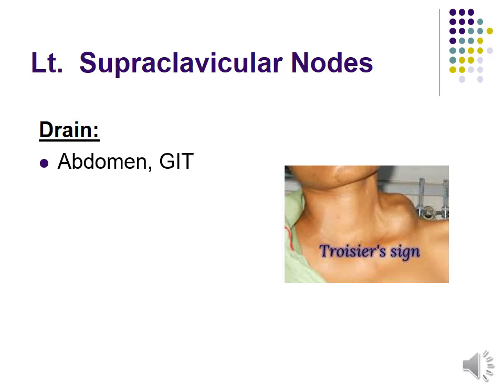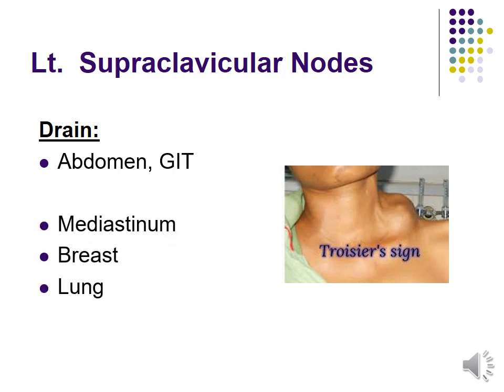You know that the thoracic duct, which drains the lymphatics from the abdomen, is going up in the thorax and then turns to the left and terminates in the junction between the left subclavian and left innominate vein. If this termination is blocked by malignant cells, the malignant cells will spread retrograde to the nearby lymph nodes, which is the left supraclavicular lymph node. If this happens, this is called Troisier sign.